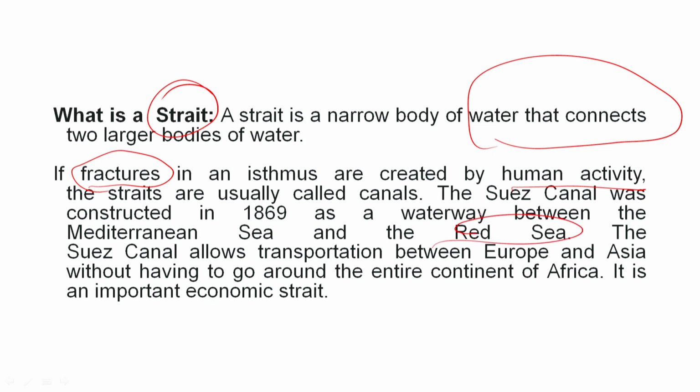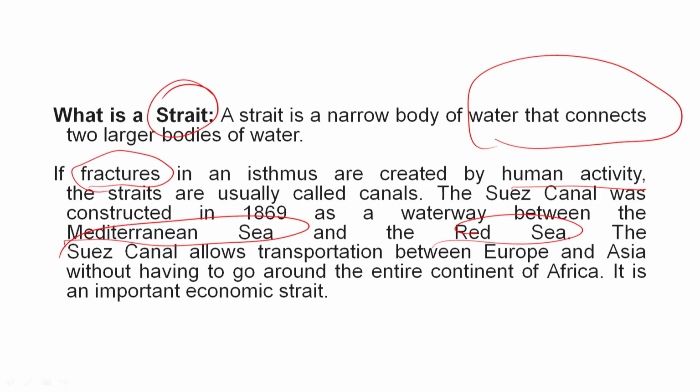So these are two big water bodies, and in between, since they were not connected, there was a land area. From that land area, they created a canal that links the two main water bodies. That has reduced the distance between them. The Suez Canal allows transportation between Europe and Asia without having to go around the entire continent of Africa. It is an important economic strait.